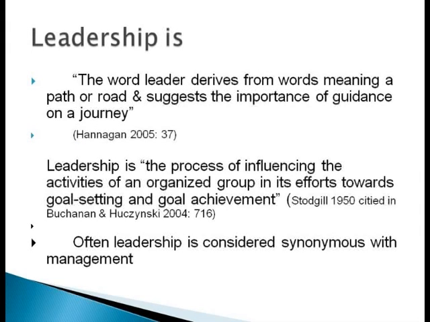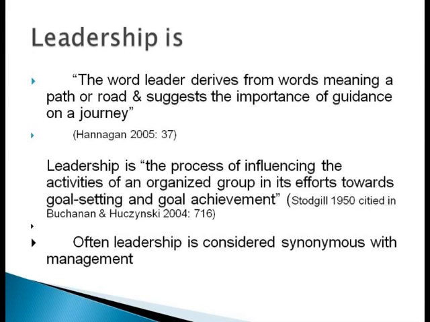Leadership then is derived from someone suggesting the importance of guidance on a journey. It's the process of influencing the activities of an organised group in its efforts towards goal setting and goal achievement. Very often, leadership and management are the same. And you can see that there's very little difference here. If we take this leadership definition here, the key difference is simply the amount of work that goes into directing effort.